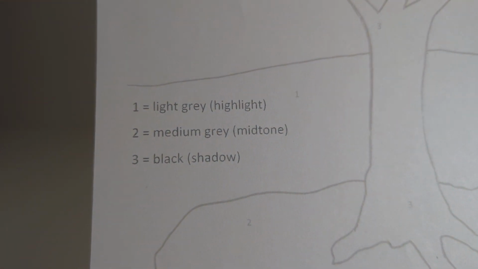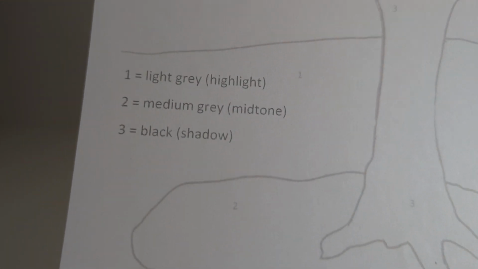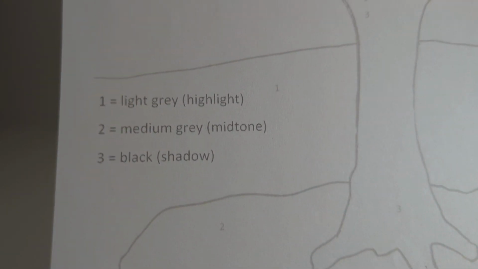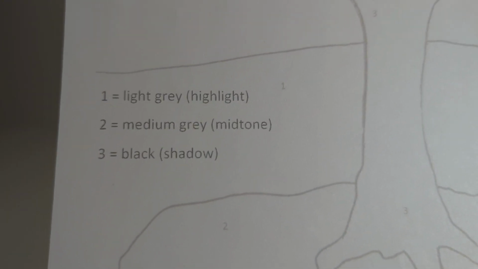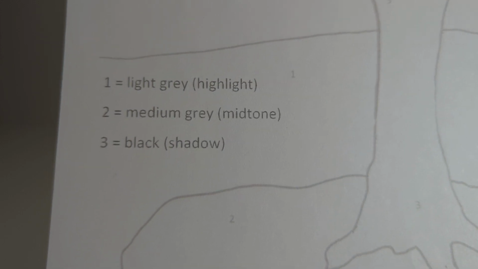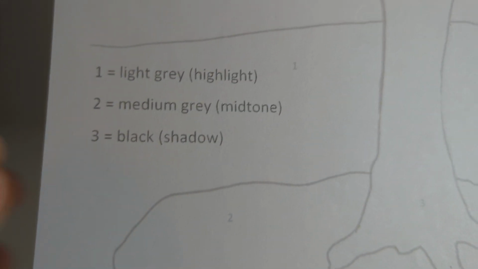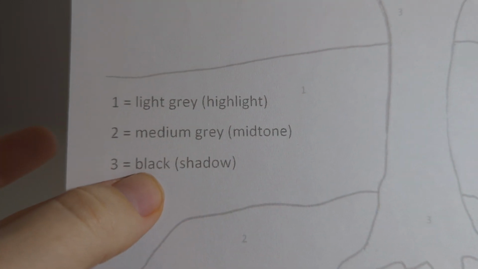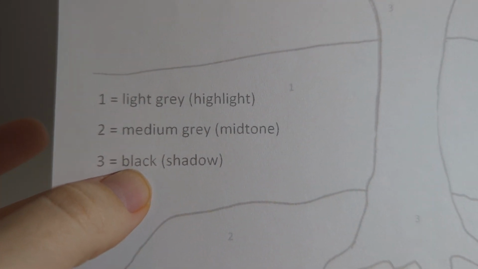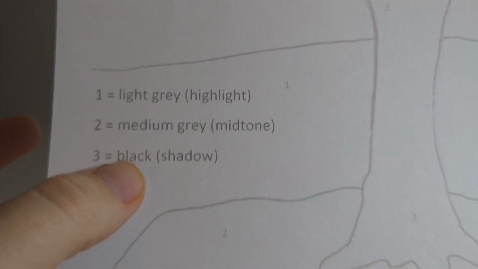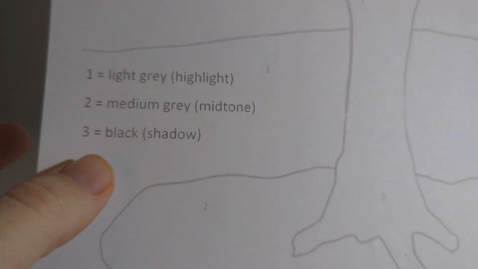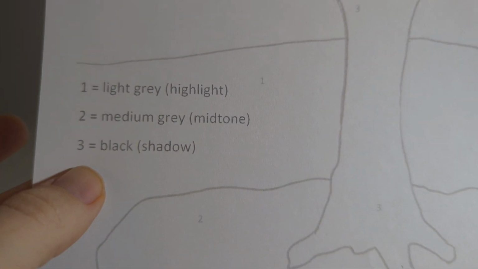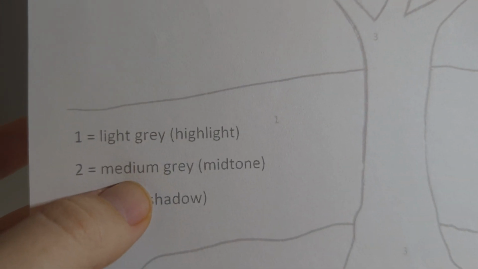This is a color by number exercise that will help you as you start to block in values and understand highlights, midtones, and shadows. Start dark with the number 3. All of the areas that need to be shadow will be black. And then you will move to number 2. Number 2 represents the midtone areas. Color those a medium gray.